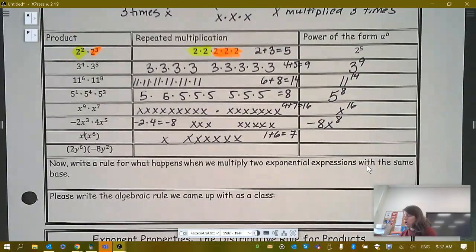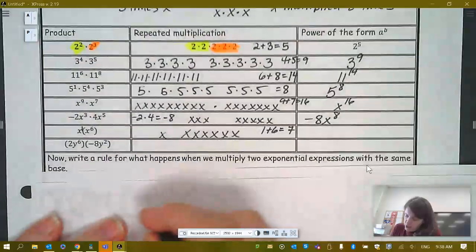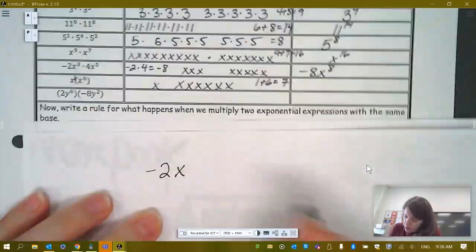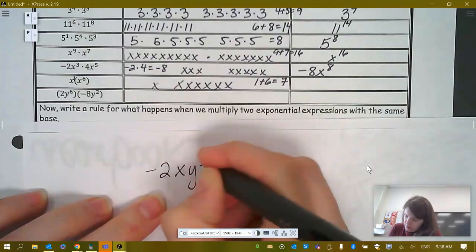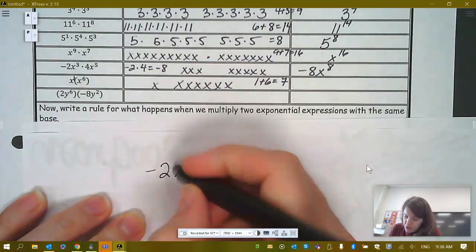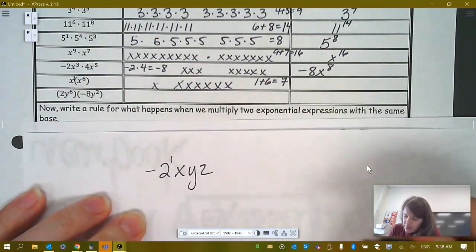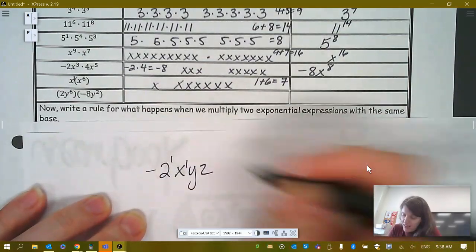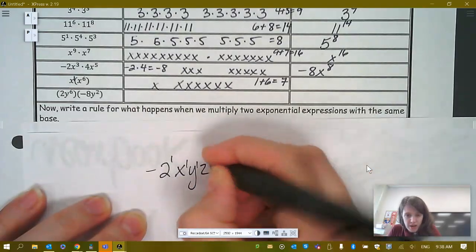So if I gave you a really long, weird example, right, of a bunch of different terms, like let's say -2x, y, z, right? This -2 actually has a 1 exponent, okay? This x has a 1 exponent. This y has a 1 exponent. This z has a 1 exponent.